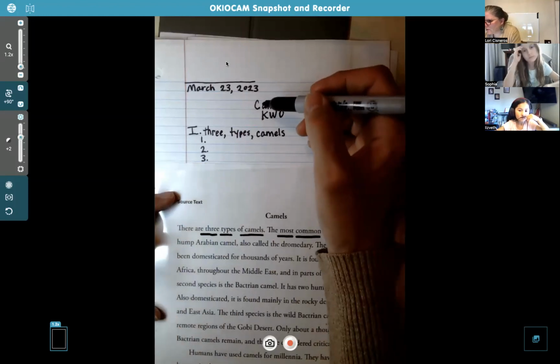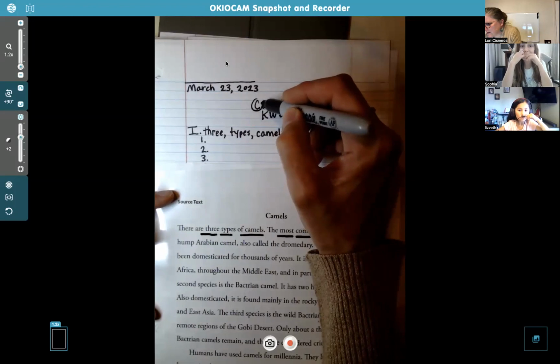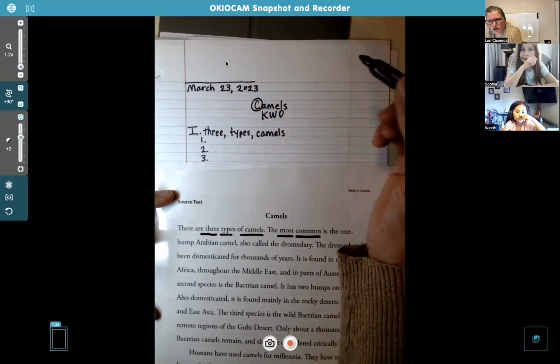See the word camels right here on your keyword outline? Circle that C. We could turn that into a symbol. Remember how we did that for the fox and the stork?